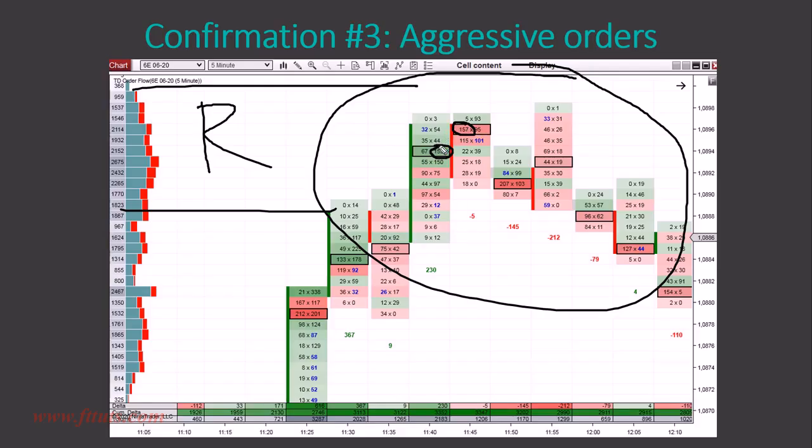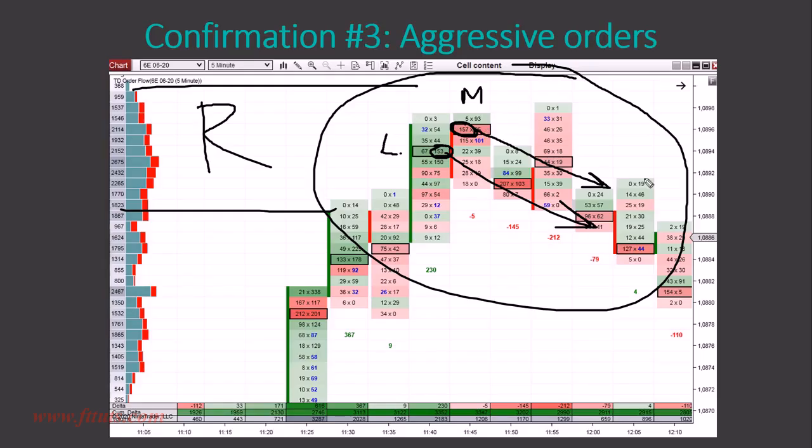So this looks like a limit order to sell, and this was most likely a market order to sell. This one shows on ask, that's why I think it's a limit order, and this one shows on bid, that's why I think it's a market order. But I think that both tell you the same thing.